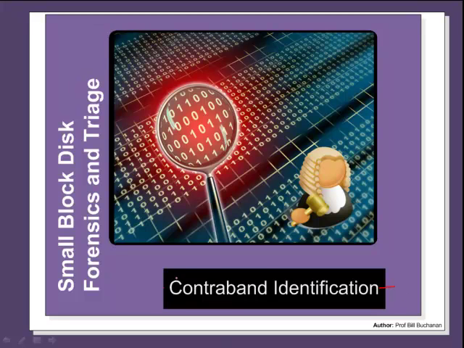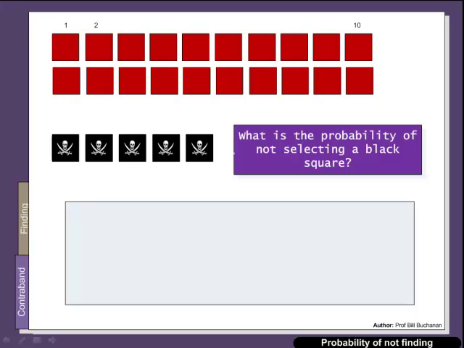Okay, so let's see if we can identify contraband on a disk by sampling the basic sectors inside it. First, let's start with a very simple problem. We have 20 red squares and 5 black squares.